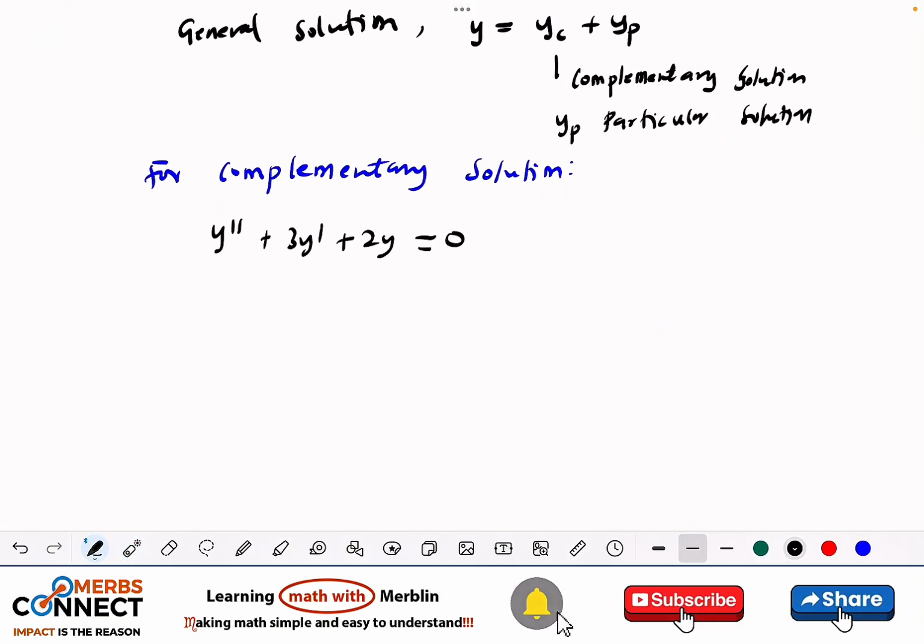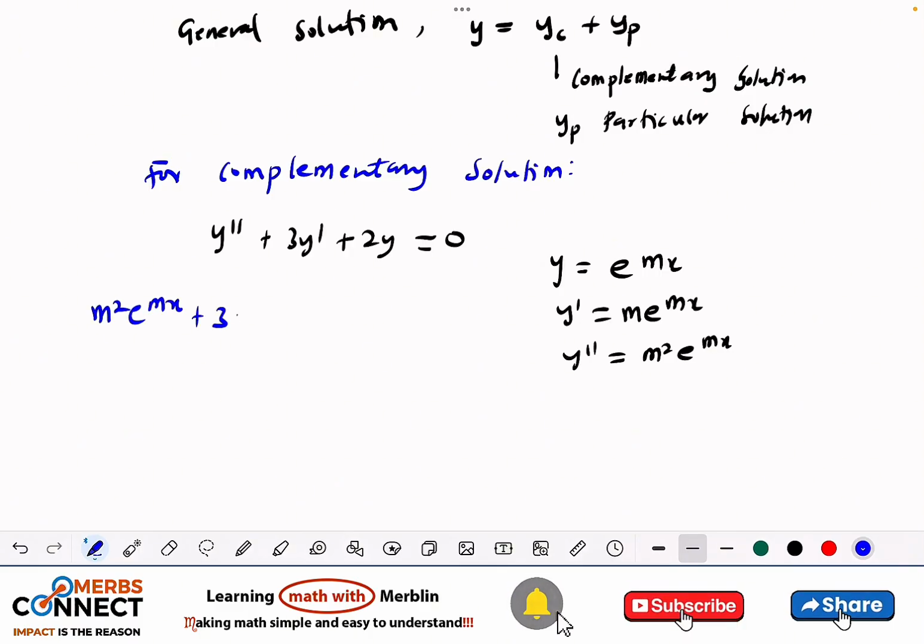So we said first assume that y is equal to e to the power mx, then y prime will be equal to m e to the mx, and then y prime prime will be equal to m squared e to the mx. So we've been doing this, so remember them. So this is going to give us m squared e to the power mx plus 3m e to the mx plus 2 e to the mx is equal to 0.